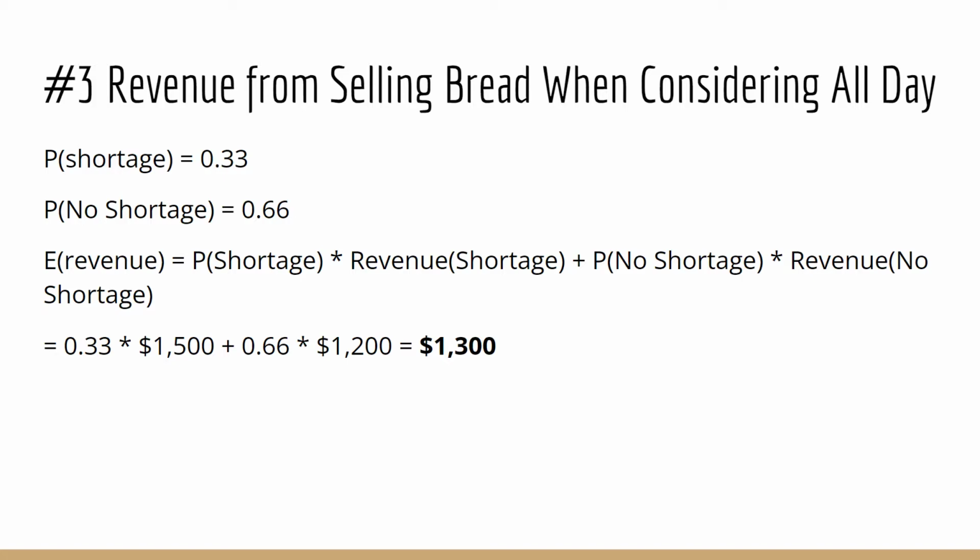The expectation of the revenue equals the probability of shortage times the revenue of the shortage, plus the probability of not having shortage times the revenue that we made without shortage, which is one third times 1500 plus two thirds times 1200, which gives us $1,300.